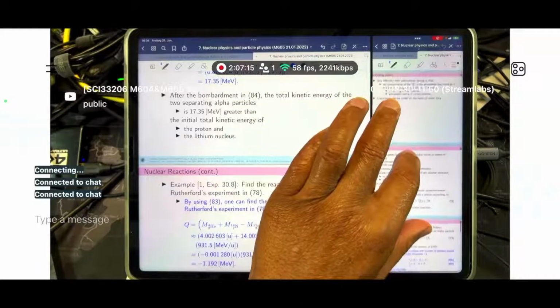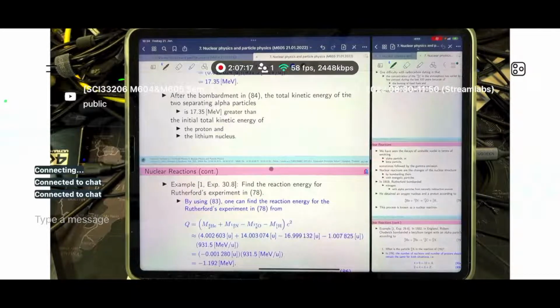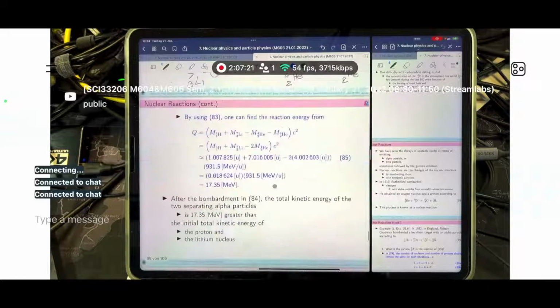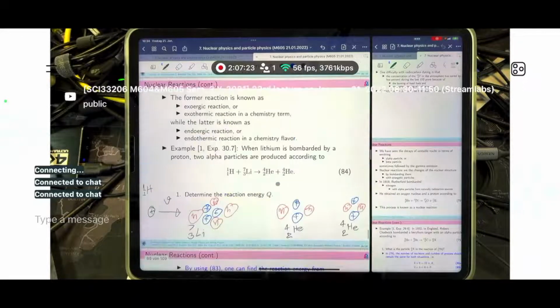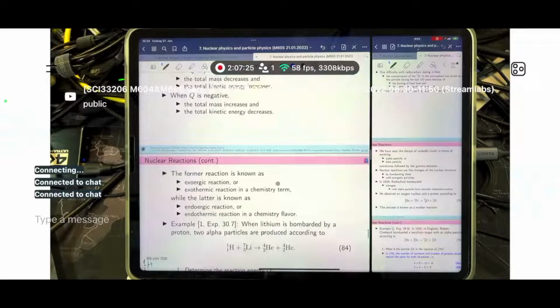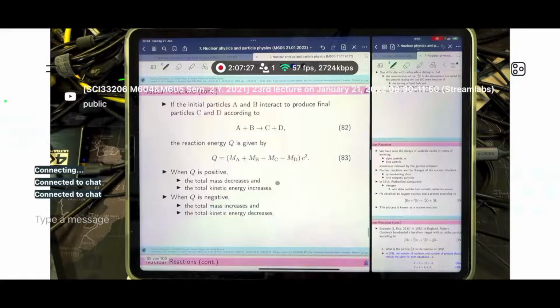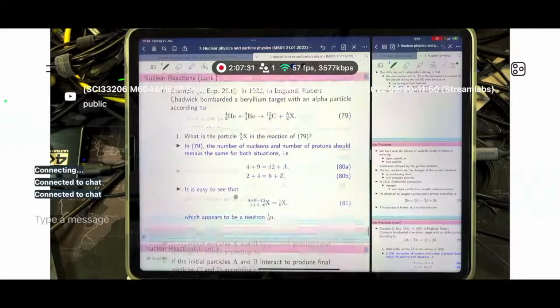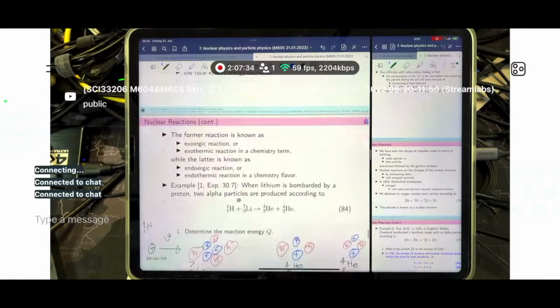He accelerated the alpha particle. This one too, right? This is the accelerated proton by Chadwick, right? No, Chadwick is helium too. Now this one is from someone else.